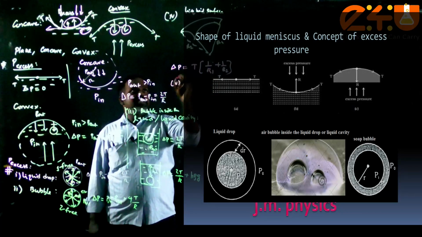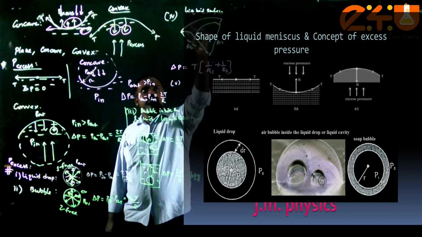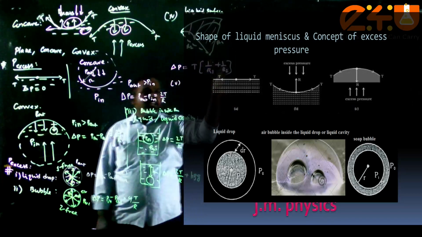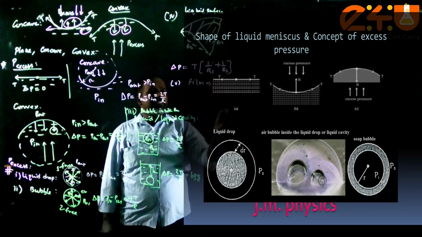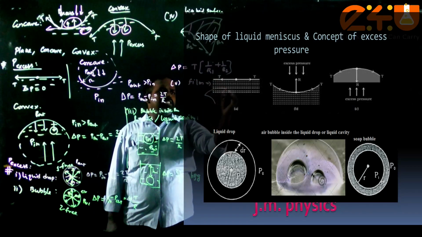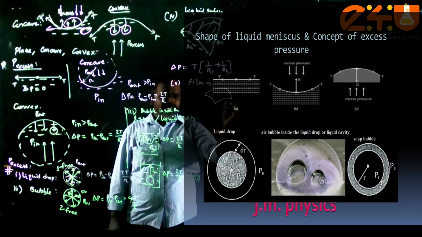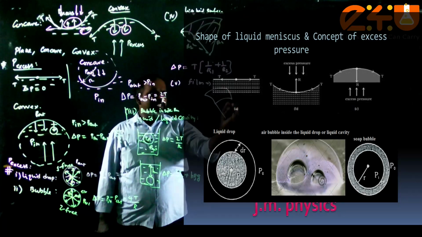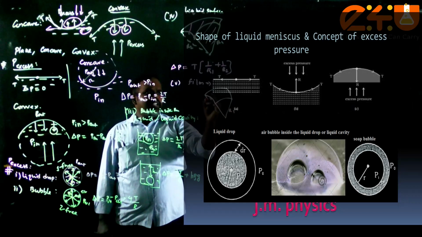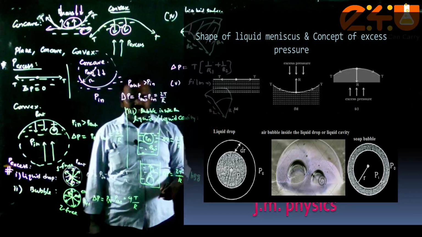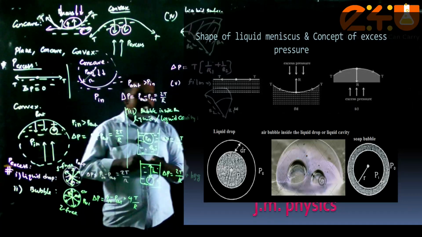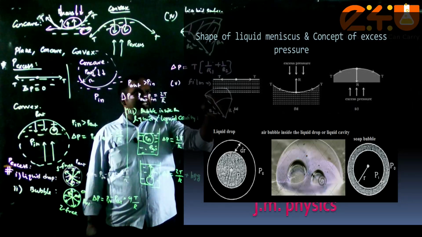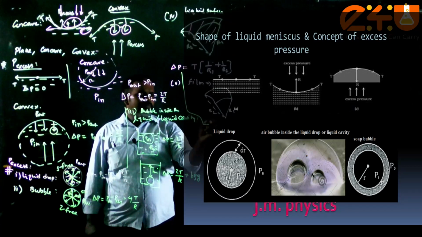Similarly, the fifth one is a film surface. This will be the liquid surface, and the next one is a film surface, a film of unequal radii. This has to be R1 and this has to be R2. In this situation, you consider that two free surfaces are there, so the equation can be rewritten.